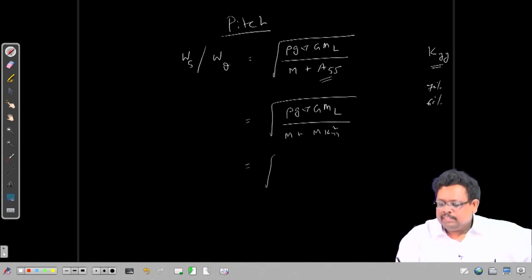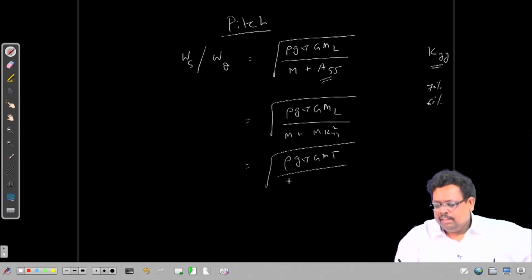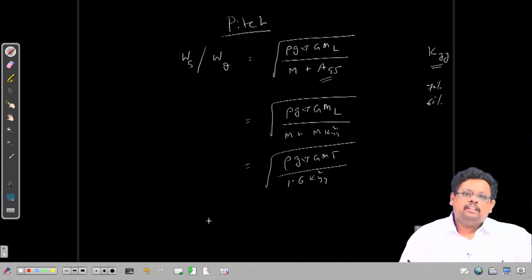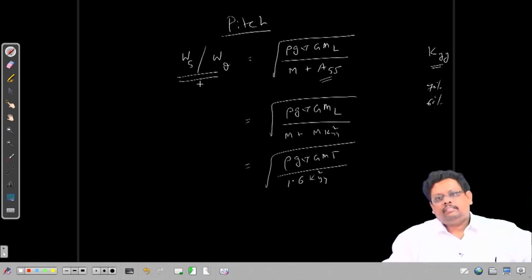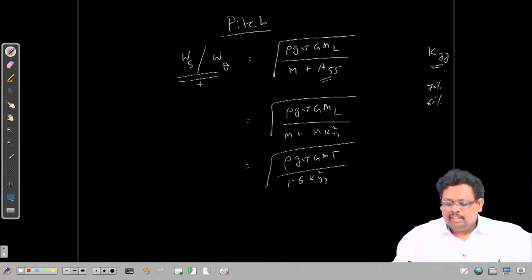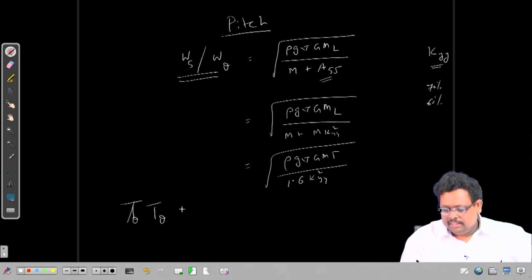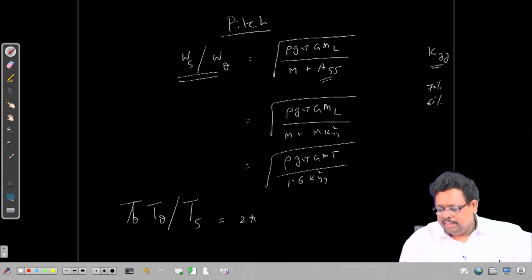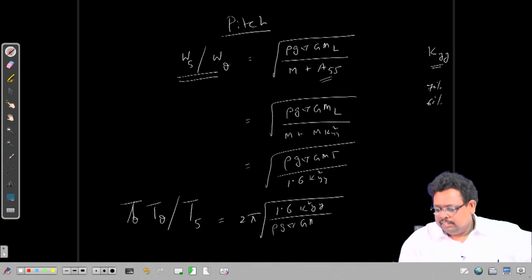Then we can approximate this as rho g V GM L divided by, let us say, 1.6 into k yy square. That may be the natural frequency. Now the natural time period T theta, or you can say T 5, equals 2 pi multiplied by the square root of 1.6 into k yy square divided by rho g delta into g GM L.